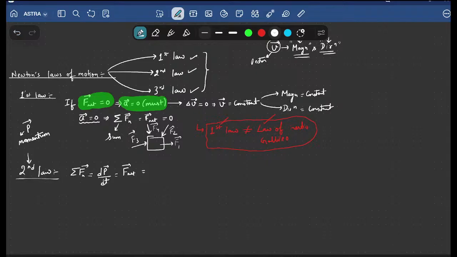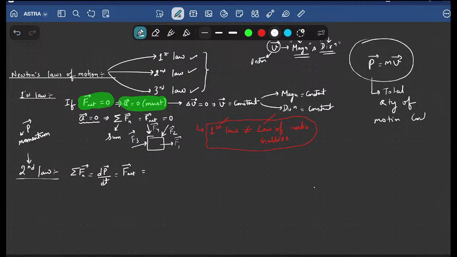This is the formula of momentum, mass into velocity. So what is momentum? It is the total quantity of motion contained in a body. If anybody asks you the definition, then you tell this one, right? It sounds smarter. Don't say m into v.